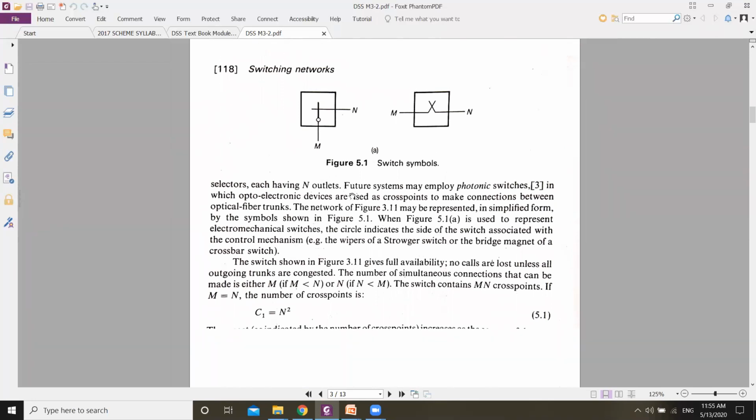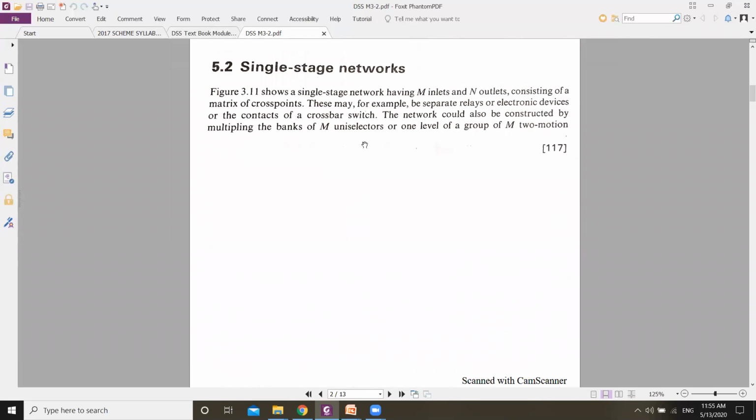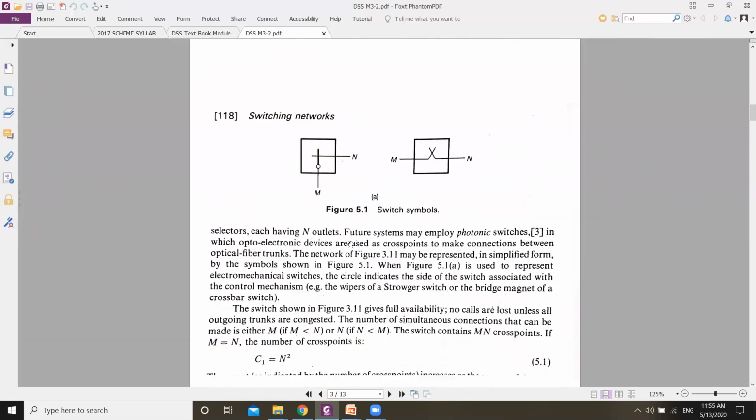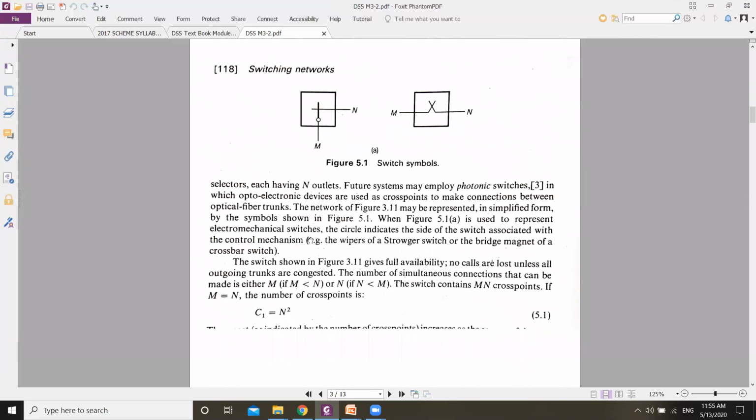So we can use either uniselectors or two-motion selectors, each having n outlets. Future systems may employ photonic switches, in which optoelectronic devices are used as crosspoints to make connections between optical fiber trunks. These can be used with optical fiber trunks as well.